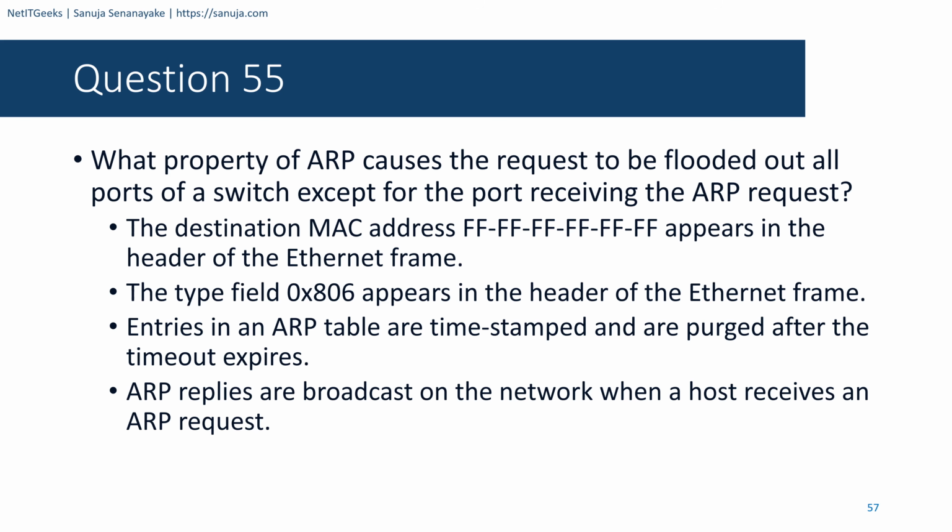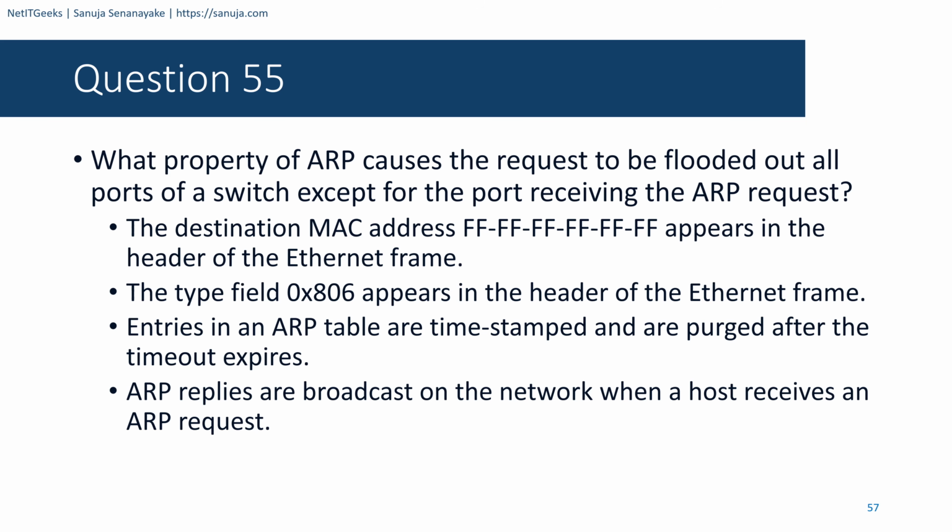So the answers are: the destination MAC address of all Fs appears in the header of the Ethernet frame. The type field includes 0x806 and appears in the header of the Ethernet frame. Entries in an ARP table are timestamped and are purged after the timeout expires. ARP replies are broadcast to the network when a host receives an ARP request.